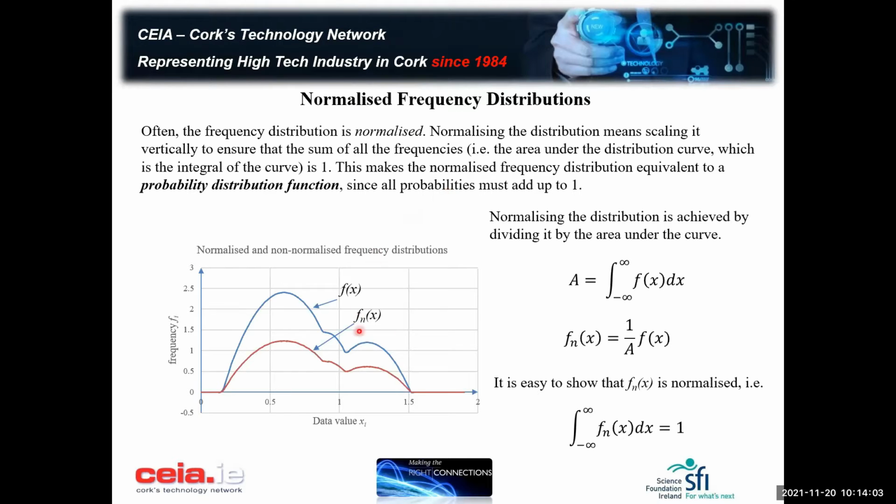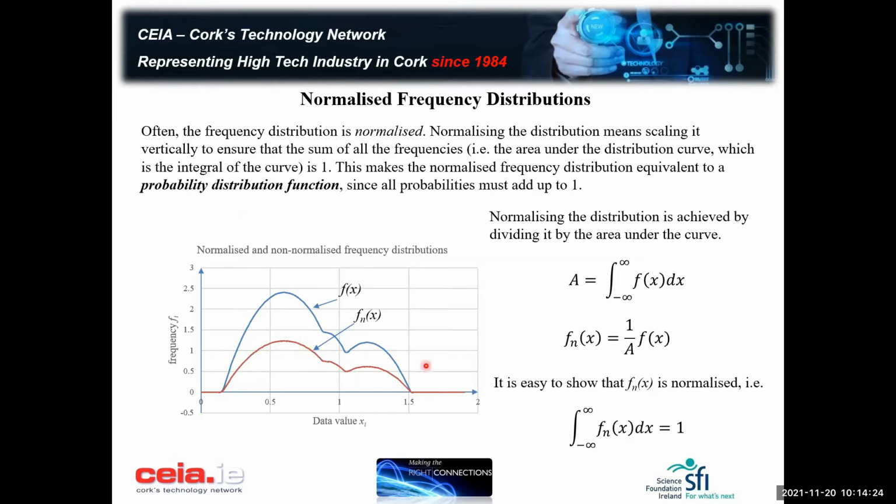Right. We talked about a frequency distribution. Now, very often you'll choose to normalize a frequency distribution. Normalizing means taking a general frequency distribution like this and scaling it vertically so that the area under the curve is 1.